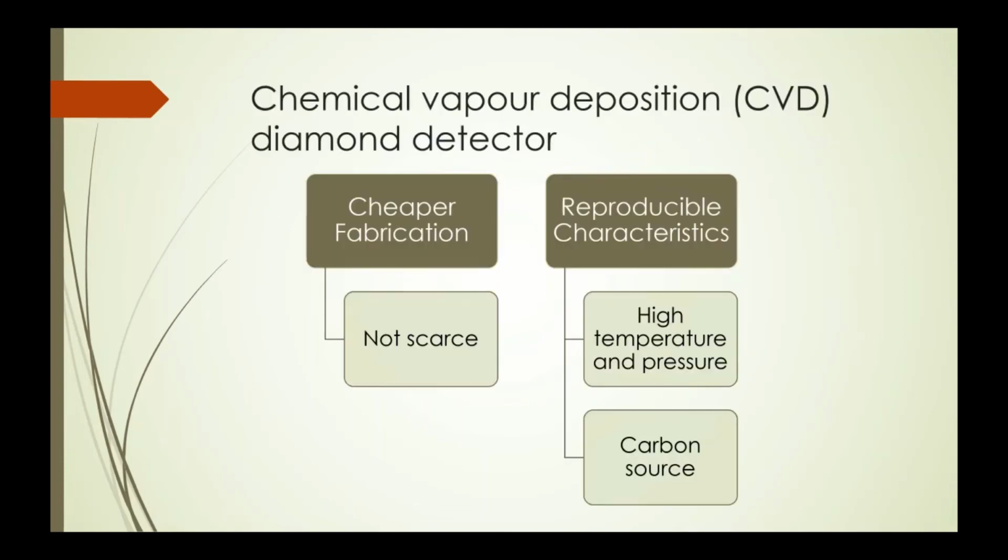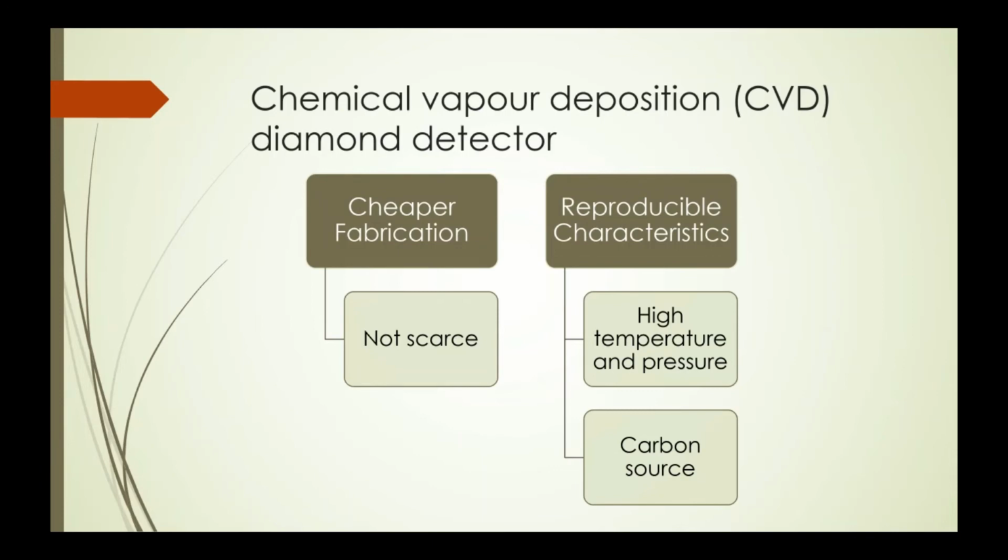On the other hand, chemical vapor deposition diamond, or CVD diamond detector, is cheaper to fabricate, making it not scarce, and it has less cost.